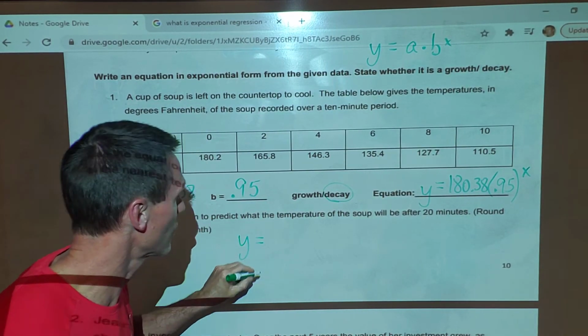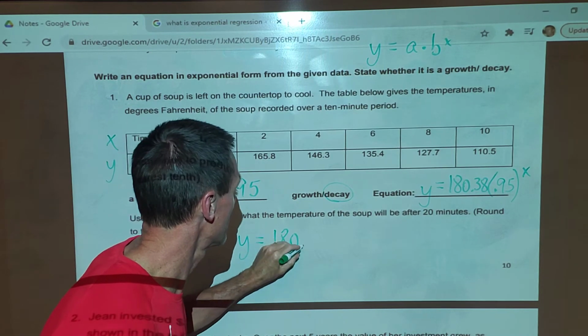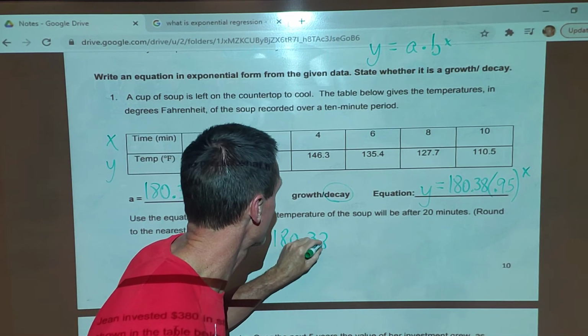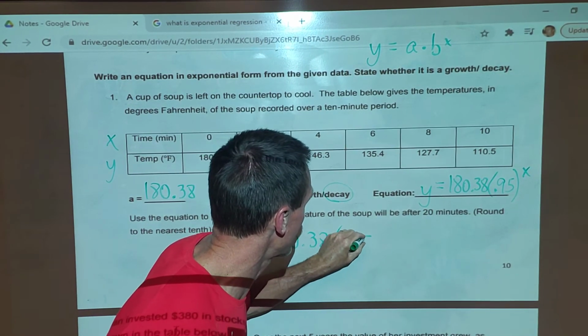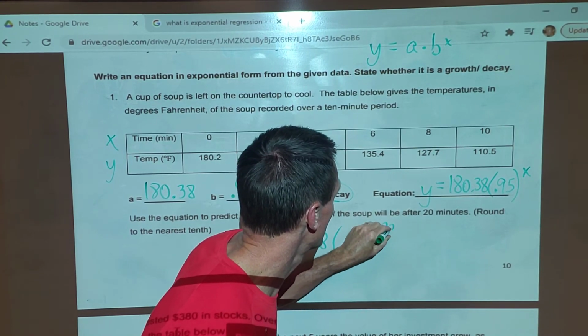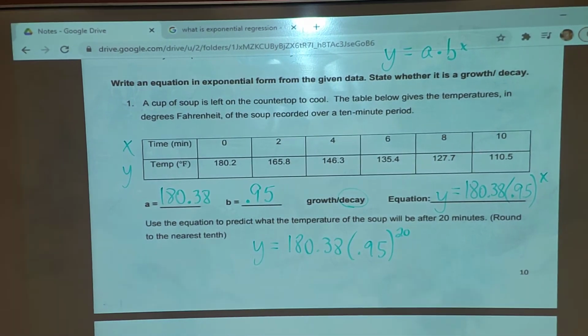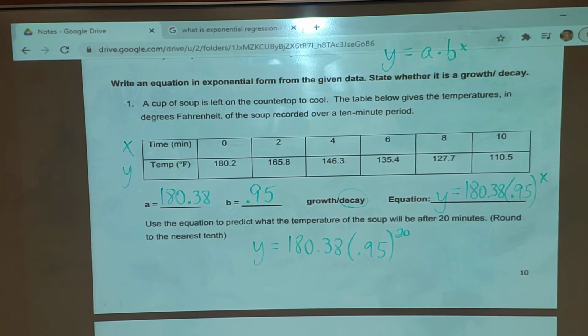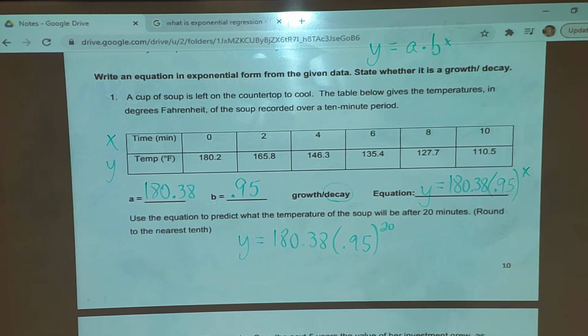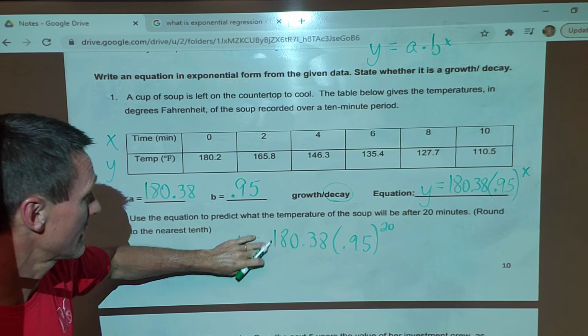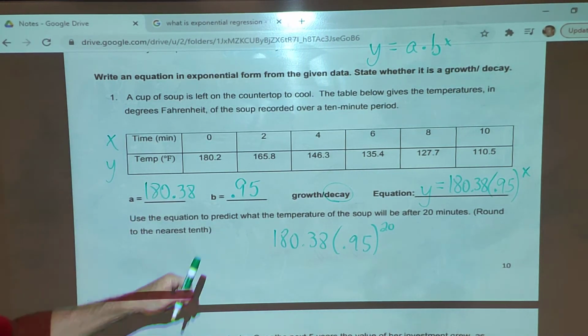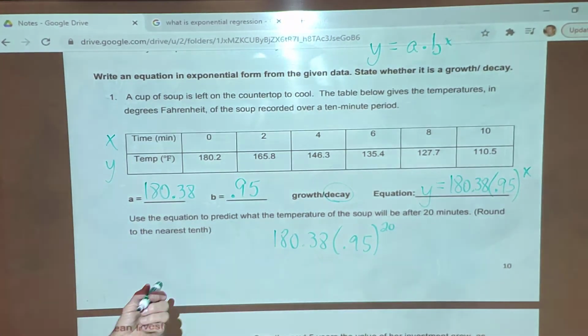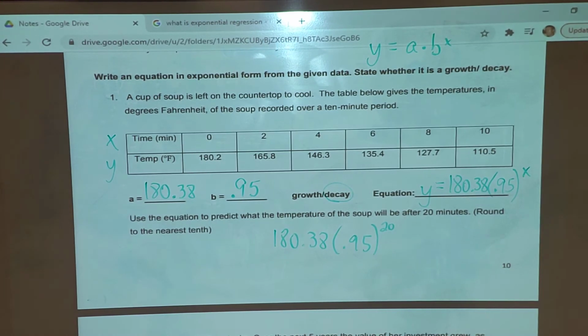So y equals 180.38 times 0.95 to the 20th power. I did that earlier, but let me double check this. Now, when you do this, we don't need the y equals. You're just doing a calculation. So don't go to y equals like you would if you were graphing right now.